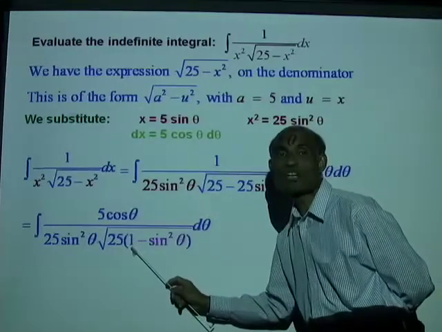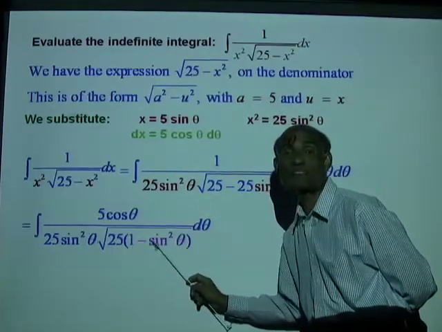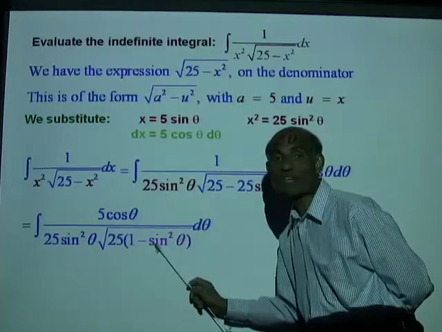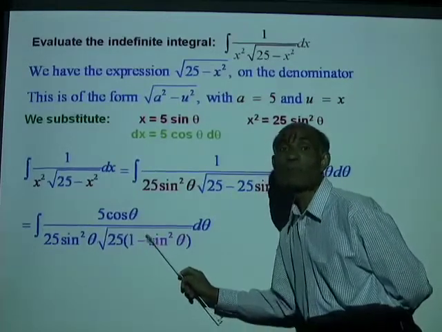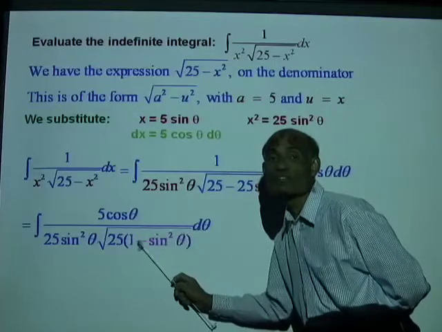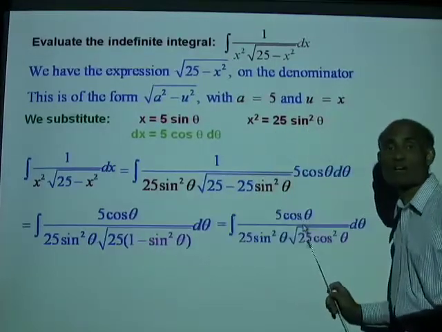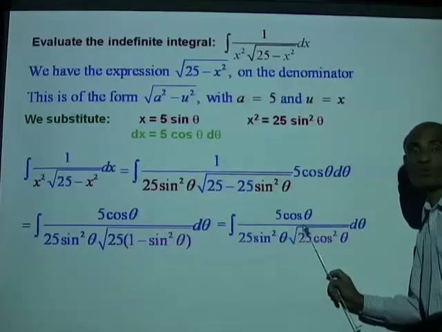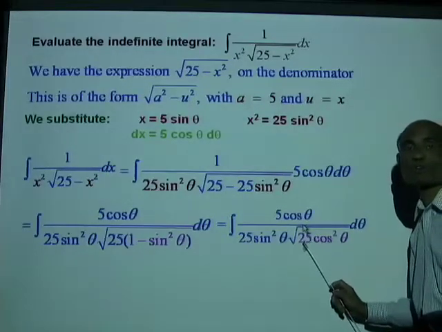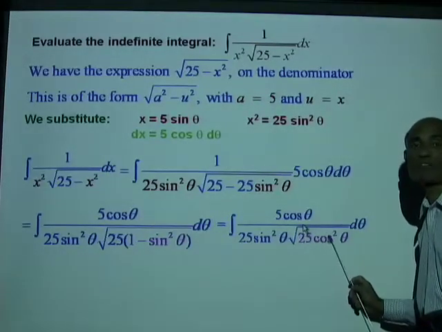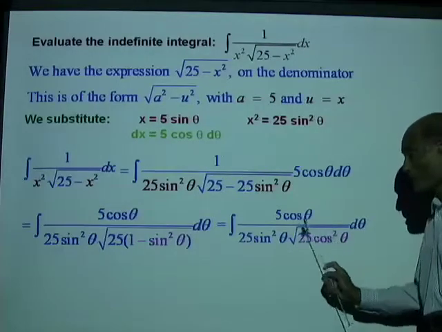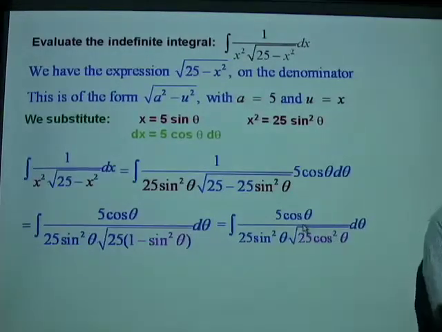Now look at the desired form that we created here. What is 1 minus sine squared theta? It is cos squared theta. So this 1 minus sine squared theta will now be replaced by cos squared theta, and the quantity inside the square root is now 25 cos squared theta.